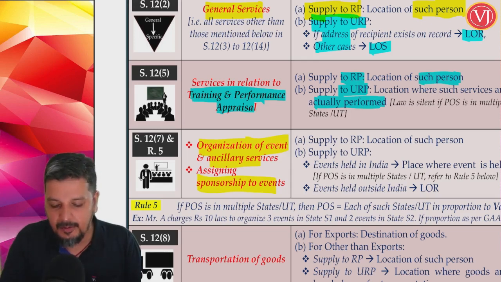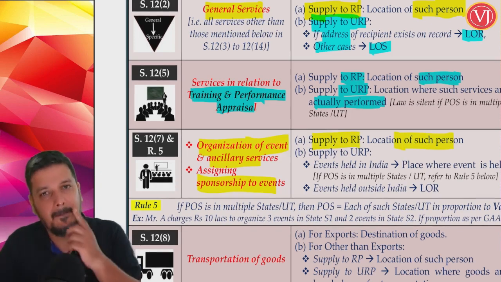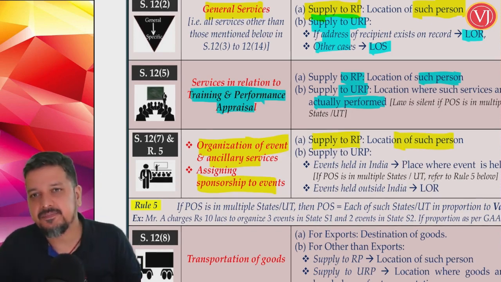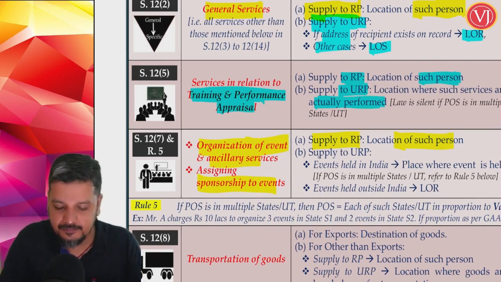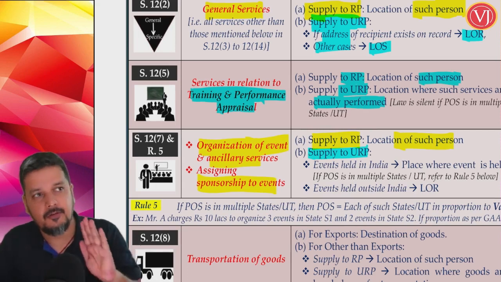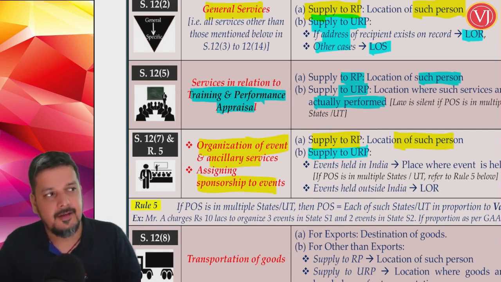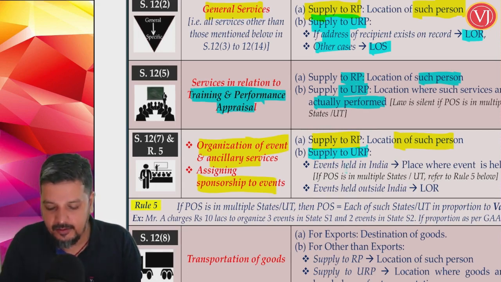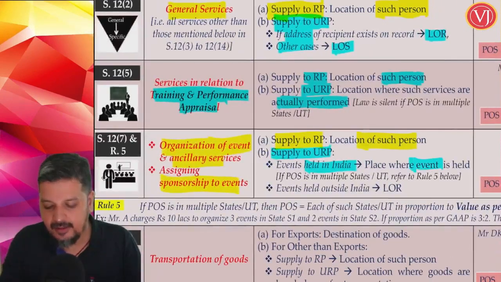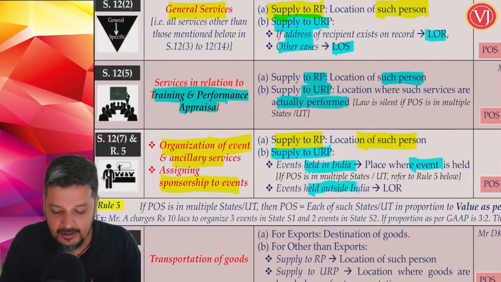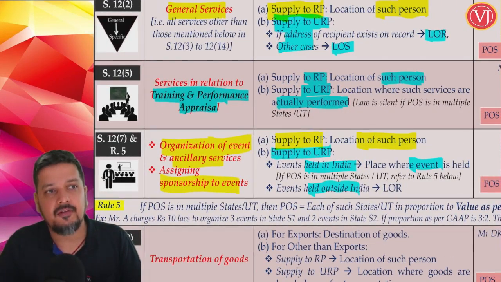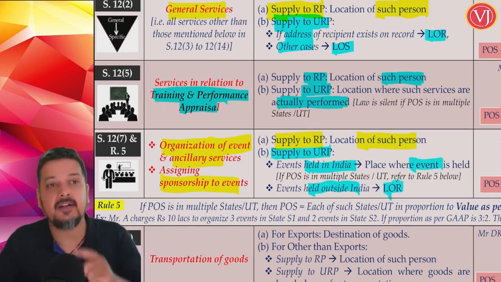If it is B2B, location of registered person. If it is B2C, then wait, you have to think. If the location is in India, where the event is held. If the location is outside India, then it is the location of recipient.